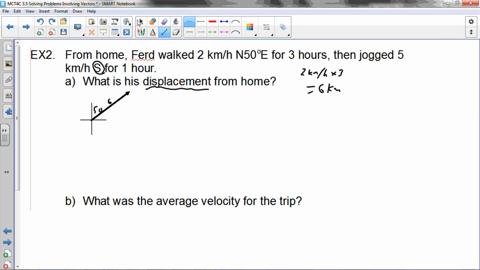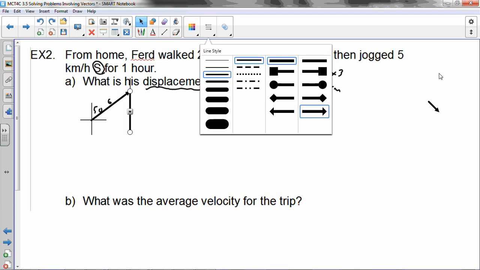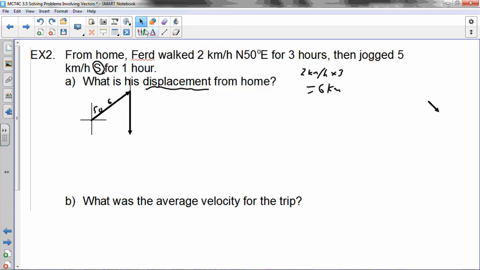And again, can I copy this one? Sure I can. Why not? Because now he's moved straight south from there. 5 might be around there somewhere, something like that. Oopsie. There. That's 5.